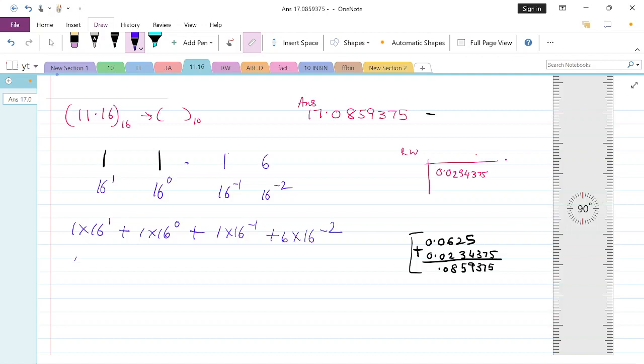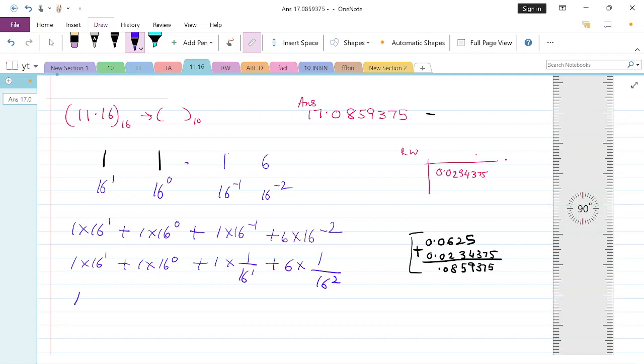Right? So this becomes 1 into 16. Let me write this out. 1 into 16 to the power of 1 plus 6 into, sorry, 1 into 1 upon 16 to the power of 1 plus 6 into 1 upon 16 to the power of 2.